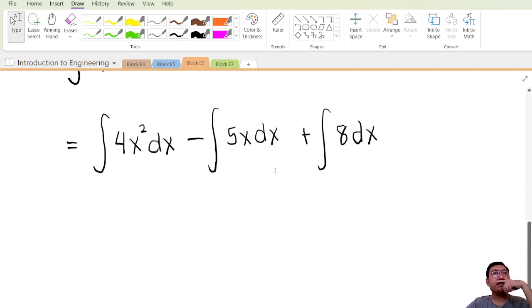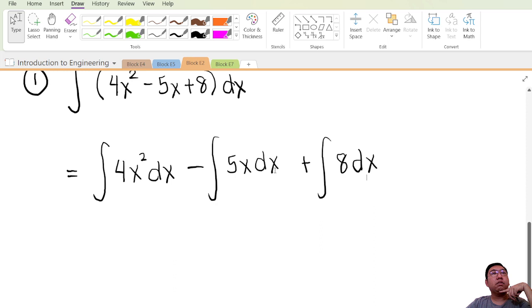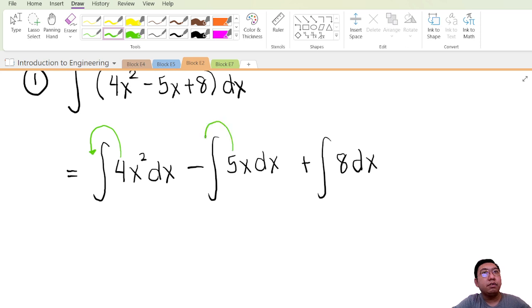Okay. Take note that every coefficient present in each term has the freedom to go out of the integral sign and be written outside of the integral sign so that you will not have any complications in solving for the variables inside the integrand.